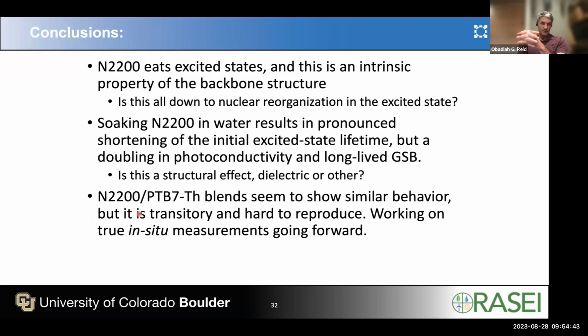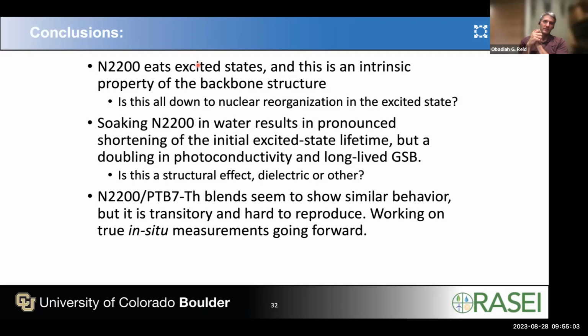All right, so this is concluding all the data that I wanted to talk about. And these are the overall conclusions, summarized for everything. N2200 seems to eat excited states, and that's an intrinsic property of this polymer.